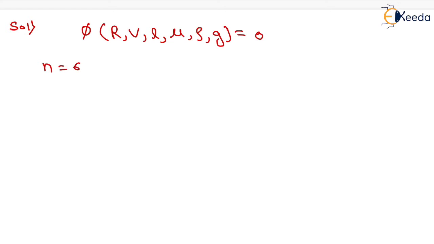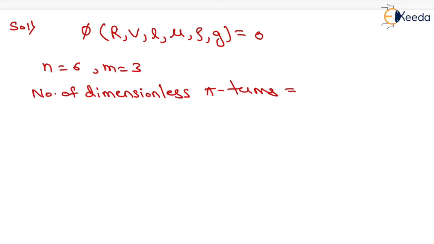Now the solution for this question is: phi is a function of R, V, L, mu, rho and g, which will be equal to 0. Here n equals 6 and m equals 3. So the number of dimensionless pi terms is n minus m, which equals 6 minus 3 equals 3.